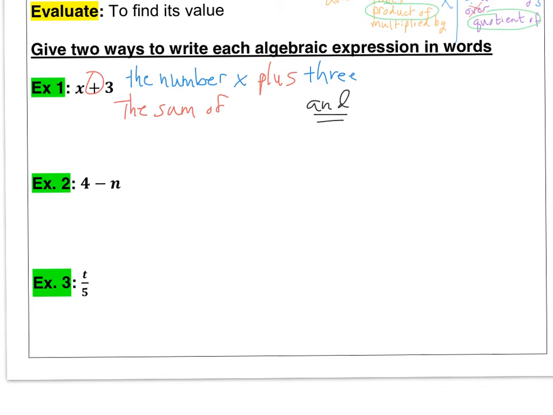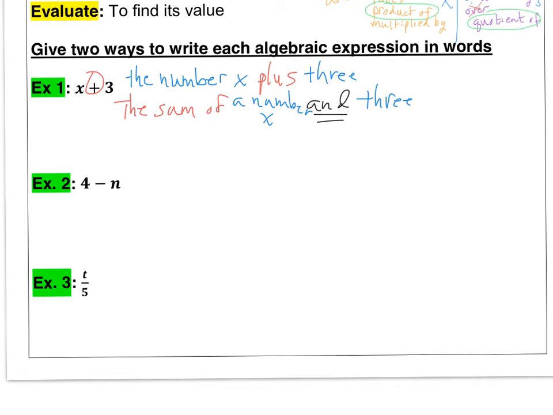So you're going to be adding 2 things together. What are the 2 things you're adding together? The number x and 3. So the number x goes here and 3 goes here in the same order that they gave you. So the sum of a number x and 3. So there's just 2 ways for addition.